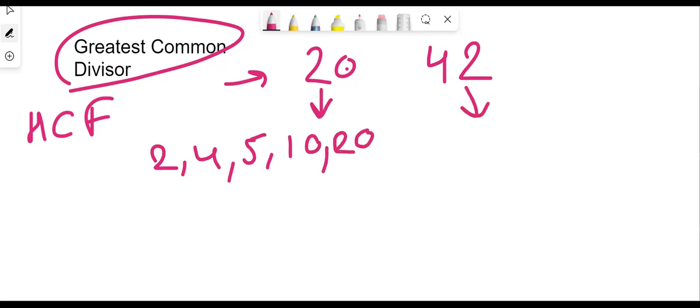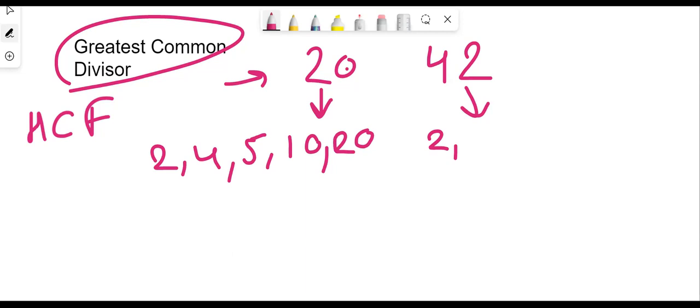And what are the divisors or factors for 42? It's 2, is it 4? No, 4 is not a divisor, right? So 2, let's write the common divisors.